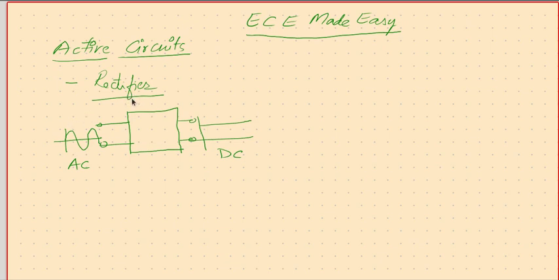The main reason for the rectifier becoming so famous is that alternating current power is available very cheaply, but all the electronic devices are made to work only on DC. So one option for getting DC is to use direct current sources like batteries, which are supposed to be very costly.